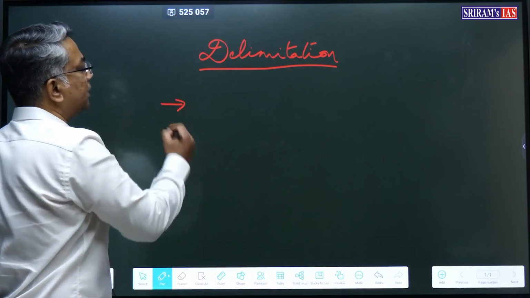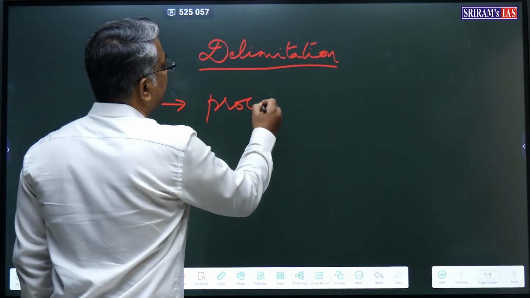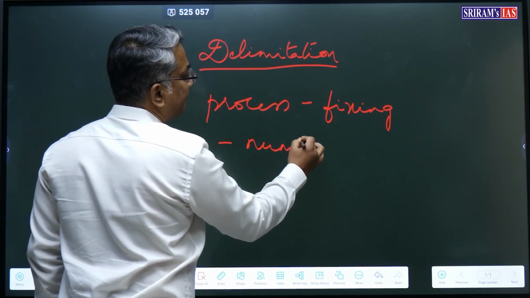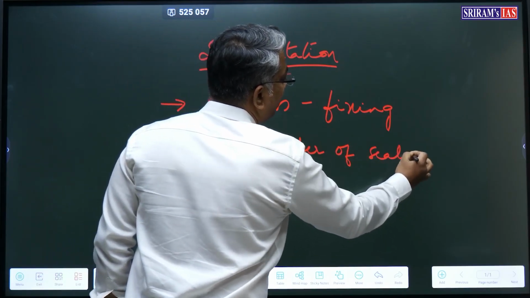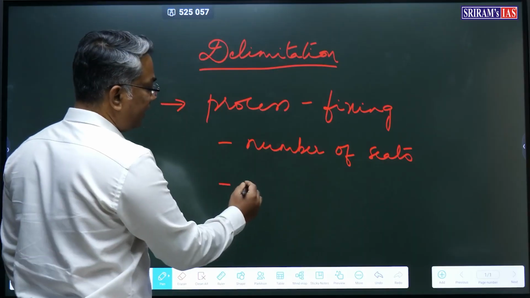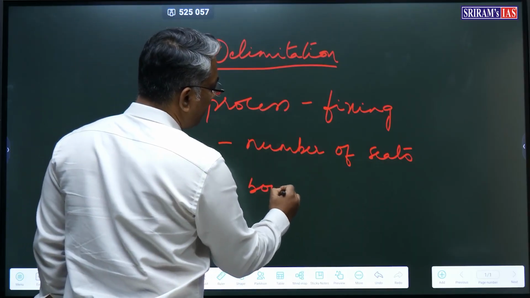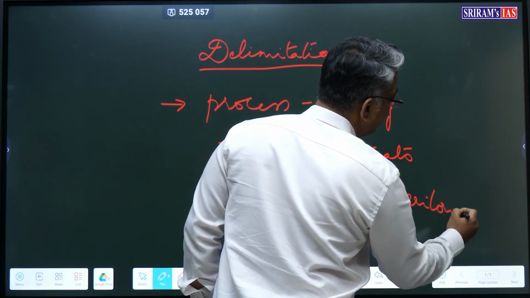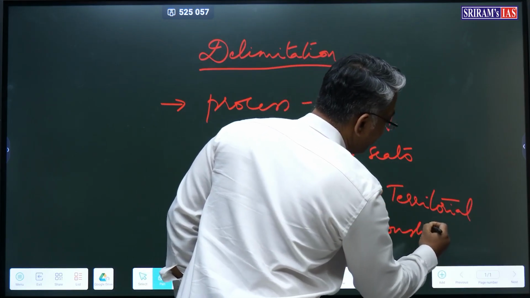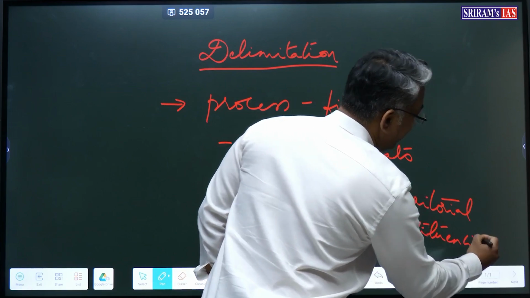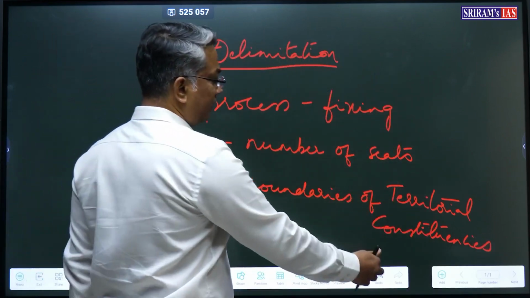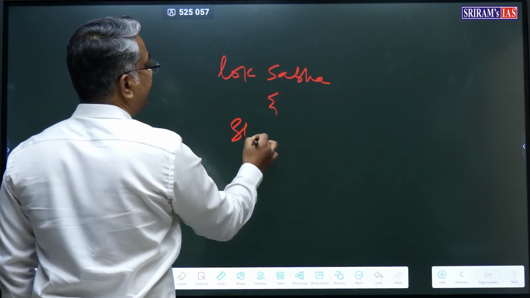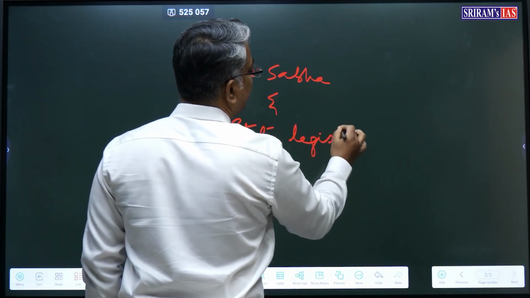Delimitation means the process of fixing the number of seats and the boundaries of territorial constituencies in each state for Lok Sabha and state legislative assemblies.